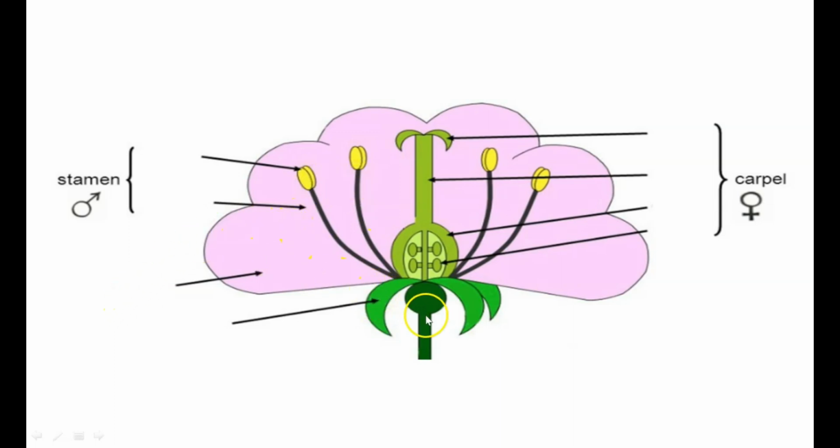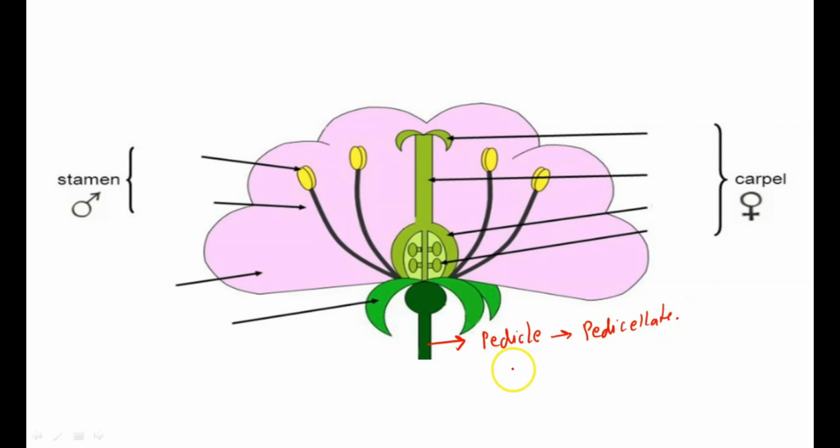Now let's study the parts of the flower. The stalk of the flower is known as pedicel. So this is our pedicel, right? And it is not necessary that in every flower the pedicel is present. The flower which has a pedicel is known as pedicellate, right?